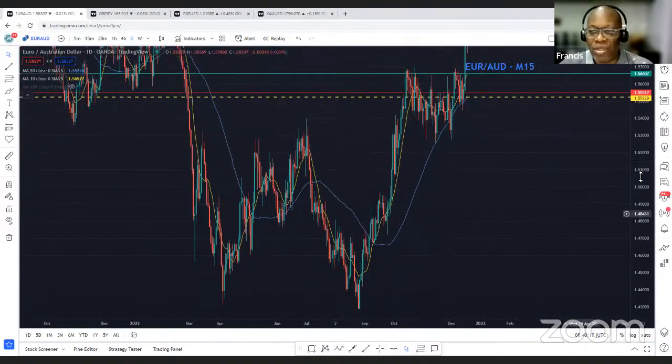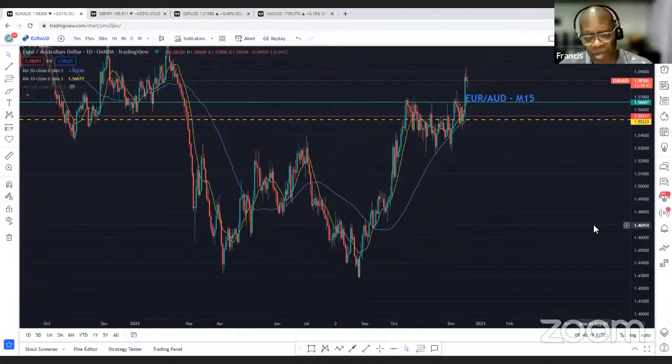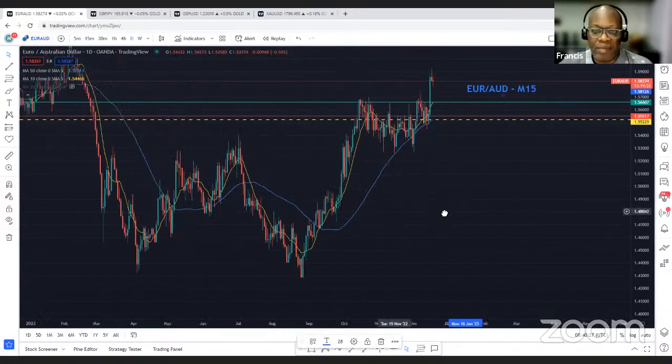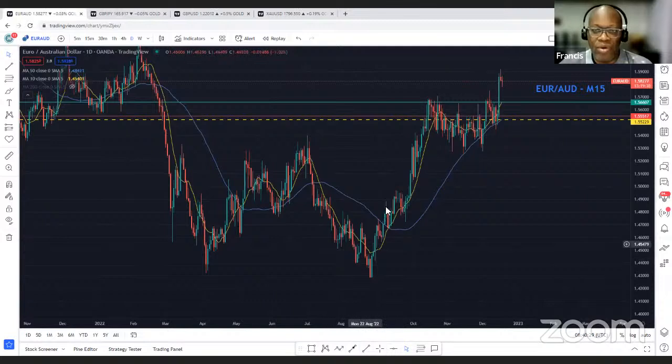This is a daily time frame, but it's a good indicator of what the price wants to do overall. We see here on this daily time frame, there was a huge, very powerful move going up, and then it retraced slightly, and then pushed back up as well.